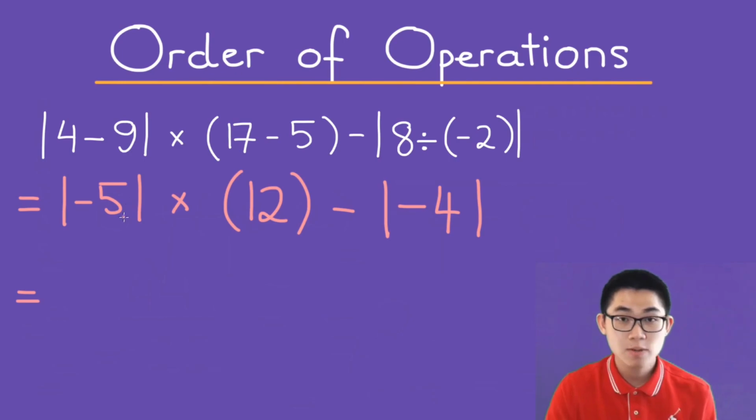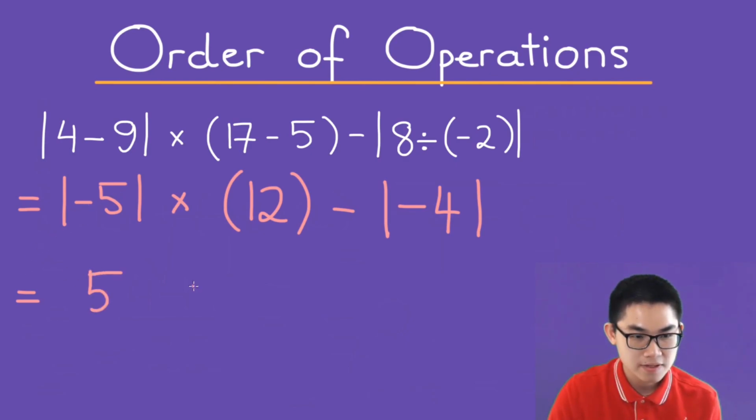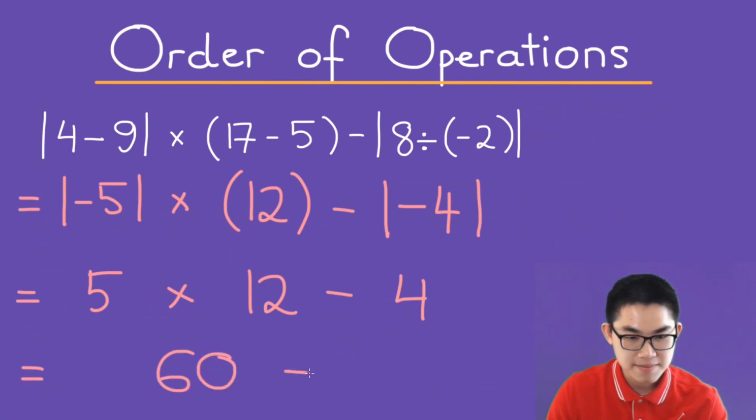Now, the absolute value is very easy. You just turn whatever number in here into its positive version. So negative 5 becomes positive 5 times 12, and negative 4 becomes positive 4. 5 times 12 gives you 60, and 60 minus 4 is 56.